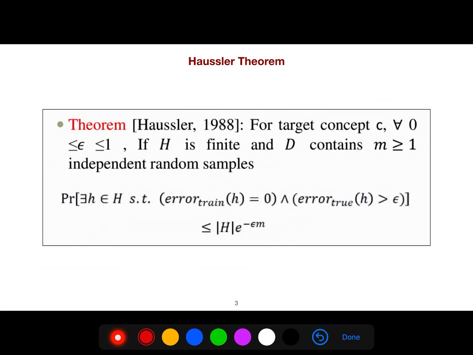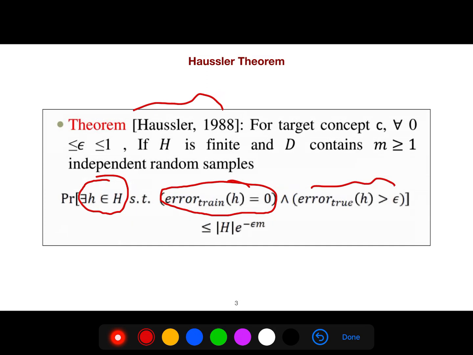And if I just prove the Haussler theorem, we can understand where we are going. So for target concept C, if H is finite, which is in some cases, and D contains m independent random samples, consider the probability that there exists a hypothesis h such that the training error is zero, assuming your favorite classifier has overfit everything, but your true error is greater than epsilon, which is bad.